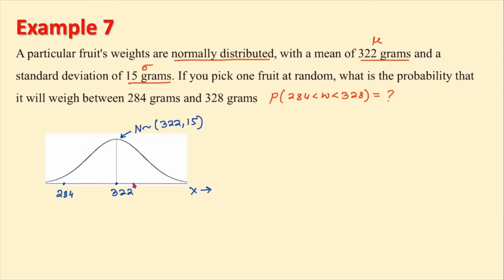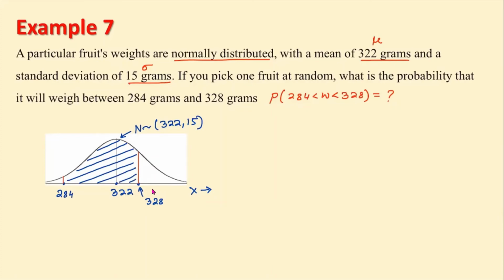Since 322 is there, 328 is somewhere there. Let me draw the line to show that. We want the probability that the weight is between these two values. Probability is the same as the area, so we are going to shade it like this.